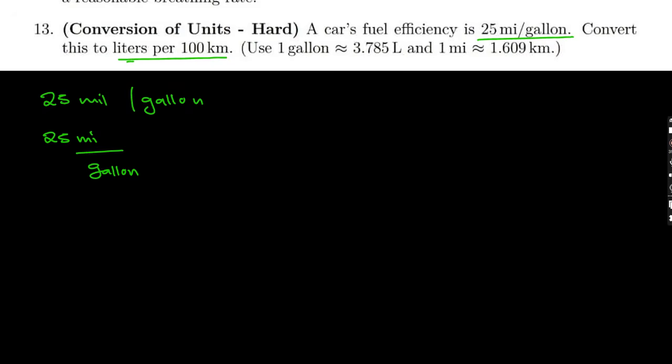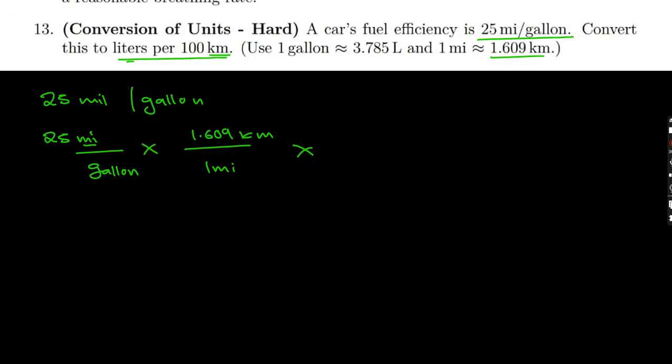To cancel miles to kilometers, since mile is on top, we say 1 mile is given by 1.609 kilometers. Now how can we cancel gallon?